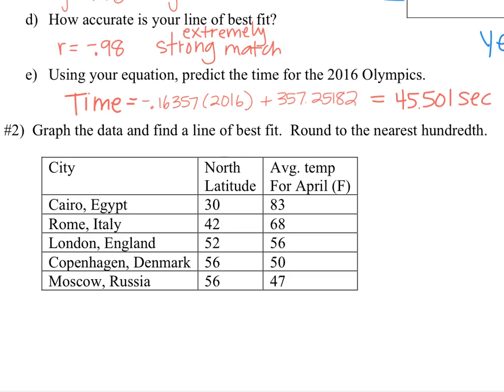So let's calculate the equation for this one. We are now back to stat again, but it's stat calc instead of stat edit. So stat over to calc. We pick number 4 because we're doing a line. You're going to do curves and all different things later, but we're just sticking with lines for now.